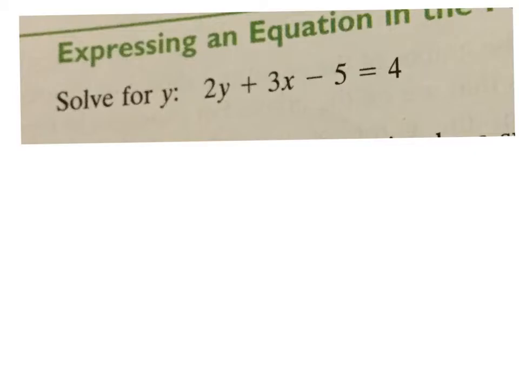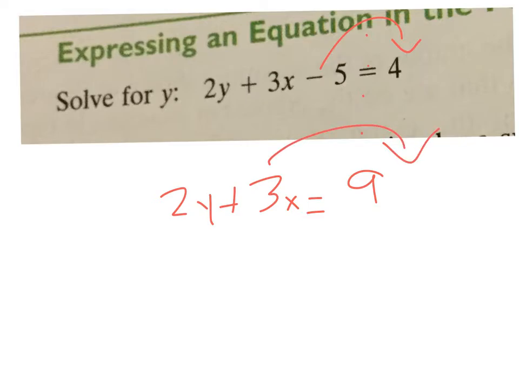So, it tells me here to solve for y, which means I want to get y by itself. Why is y not by itself? Do the opposite. Okay? So in this one, we're going to add 5 to both sides. That's going to give us 2y plus 3x equals 9. Y is still not by itself.